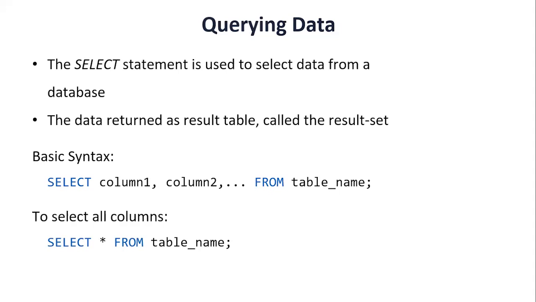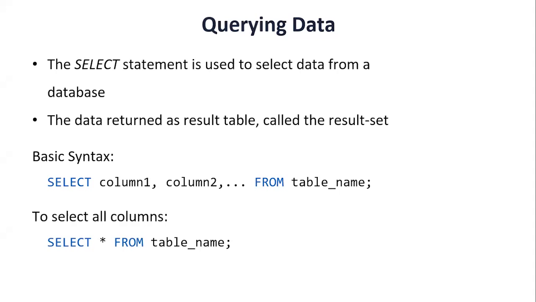And when we execute this SQL query, what we get is called a result set. Right? Since it's a select query, we should get a result back from the database. So that is called a result set.